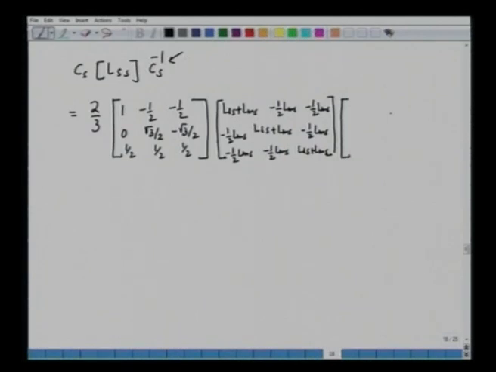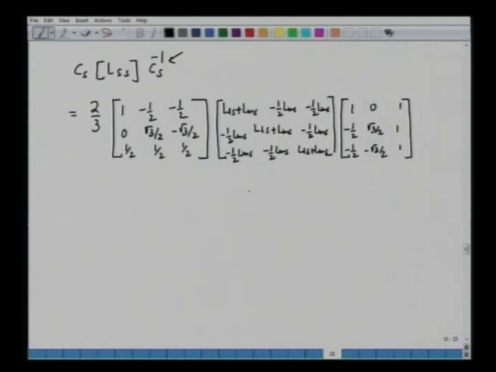So, if you calculate what is Cs inverse, this is 1, minus half, 0, root 3 by 2, minus root 3 by 2, and then what we have here is 1, 1 and 1. So, if you multiply Cs and Cs inverse, we get the I matrix, all right.